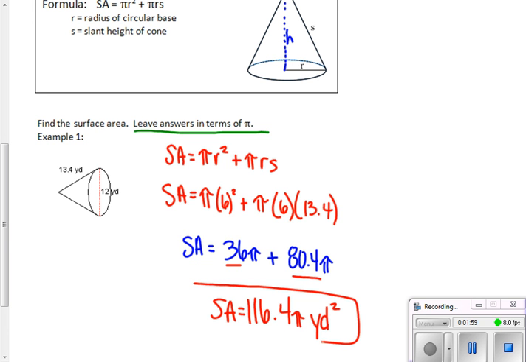So we have our answer in terms of pi. Basically what we didn't do is multiply pi into 36 or the 80.4, and we added those together, which essentially you'll multiply that pi into 116.4, giving you the answer. But we need to leave it in terms of pi.